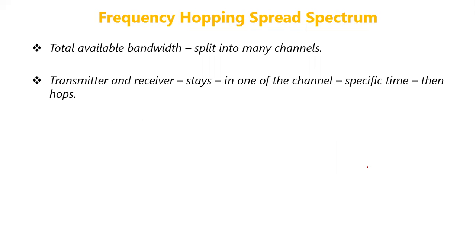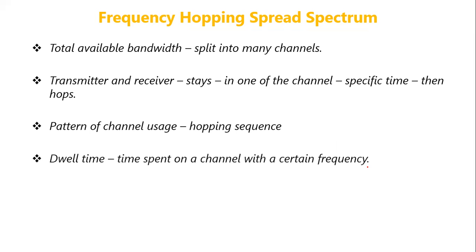Basically there are two types of frequency hopping spread spectrum that we'll be discussing. Before that, the pattern of channel usage is called the hopping sequence. That is, how long the transmitter or the receiver stays in one frequency, and when they move from one frequency or channel to another, that pattern of changing from one frequency to another is called the hopping sequence.